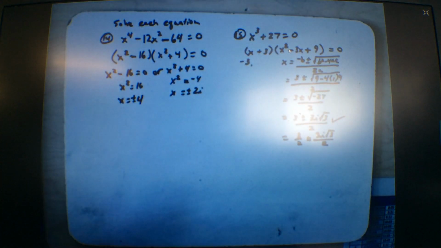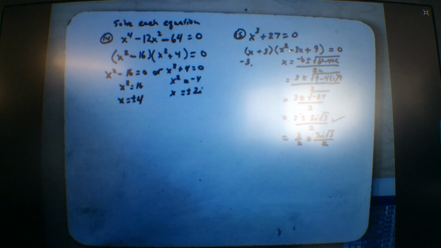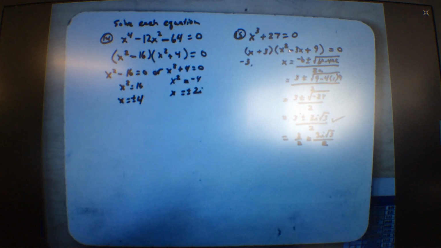Alright, so now we're going to use synthetic substitution to find a value.